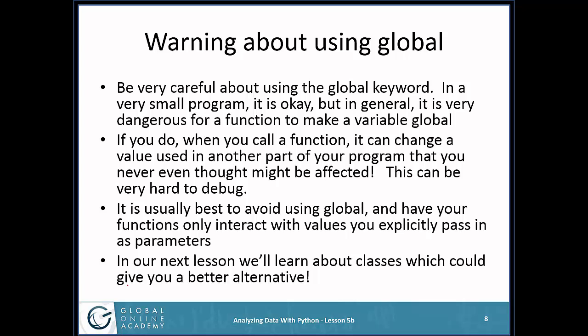If you put something in a function that said global x and you use an x later on, you've just affected a later part of your program without even knowing you were doing it. That's called a side effect of a program. It's something that you didn't intend, but it still happens. It's usually best to avoid using global. Have your functions only interact with values that you explicitly pass in as parameters. Or, in our next lesson, we'll learn about classes, which could give you a better alternative. Happy programming!